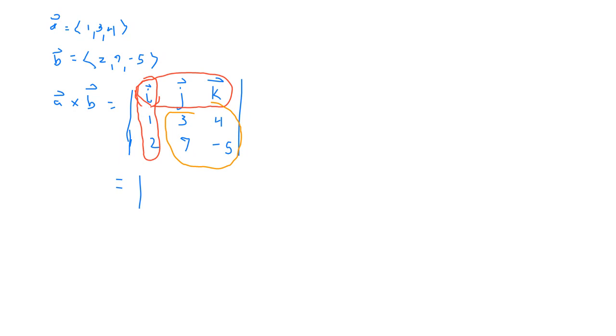I'm going to write the determinant of that submatrix right here, 3, 4, 7, -5, and I'm going to put an i right here. Now, there are three parts to this. Let me write down that matrix again.